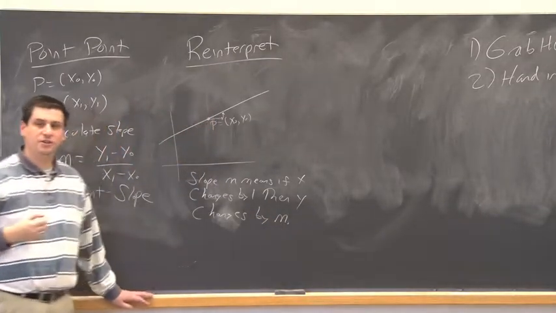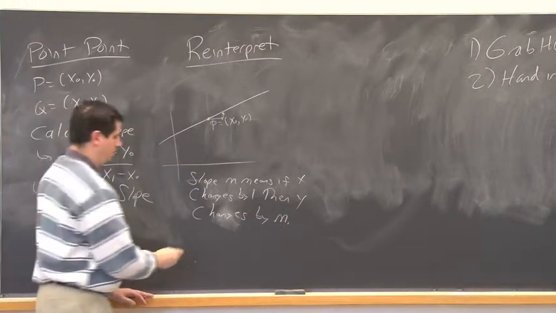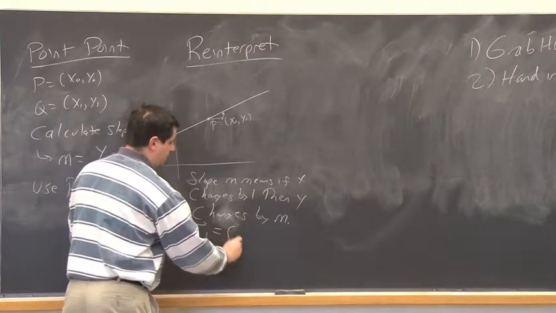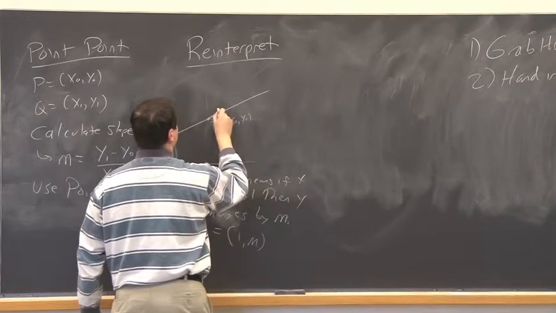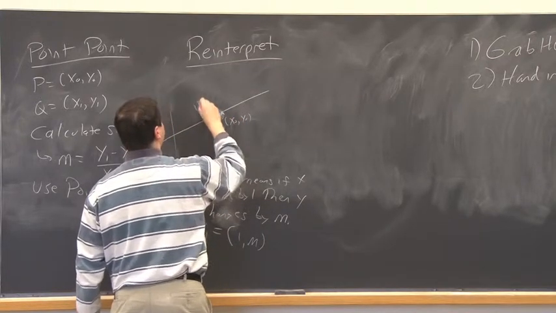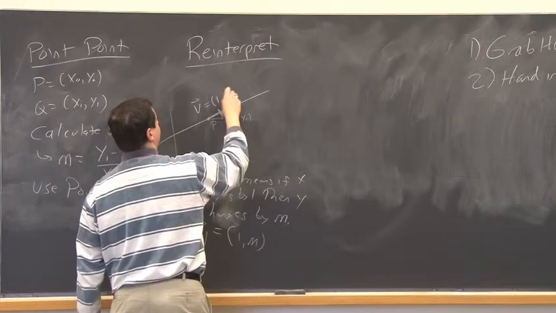Turns out there's a vector lurking here. The vector v is the vector (1, m). So over here, this is the vector v.